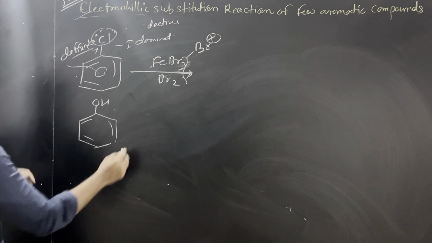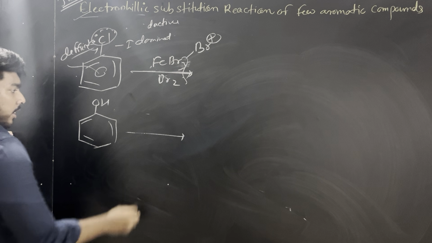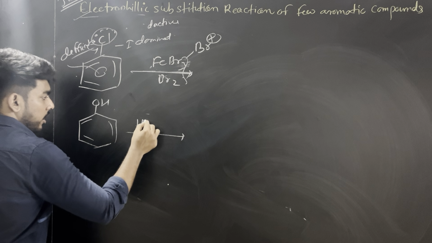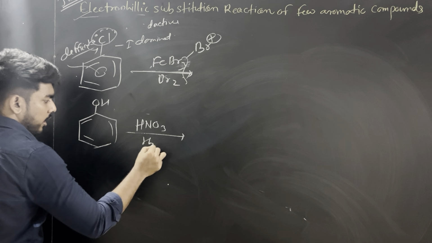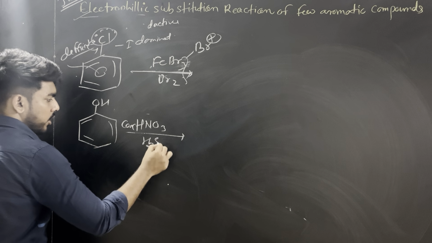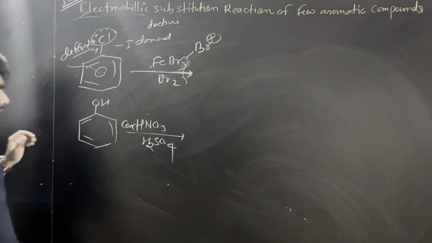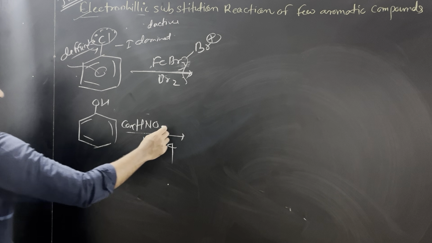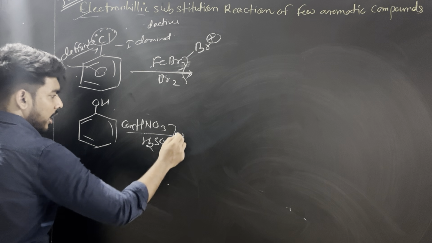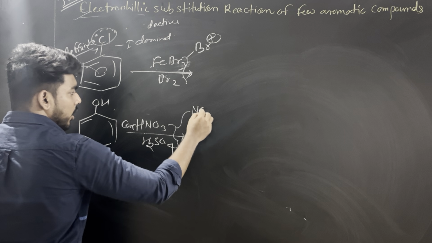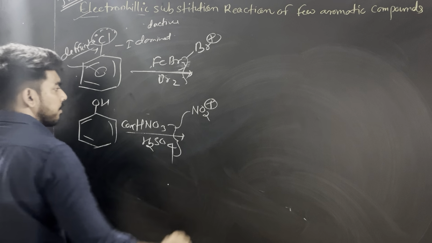So if you have OH, and I'm treating it with HNO3 and concentrated H2SO4, again the same type of question. We have to know that HNO3 and H2SO4 combined make the electrophile NO2 plus.